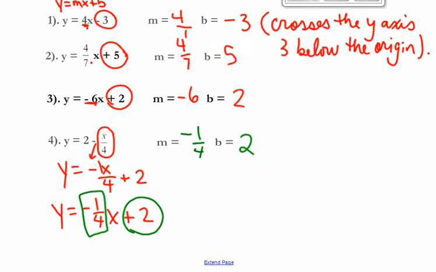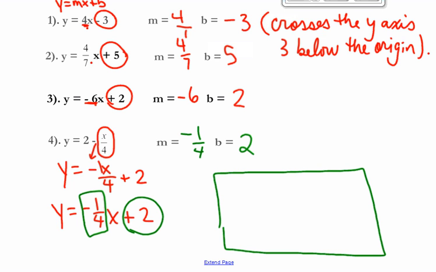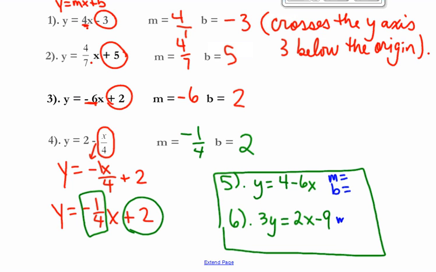Okay, before I move on to the next page, I would like for you somewhere on this current page to draw a box, label 5 and 6, write these equations, and I am going to check tomorrow that you have the correct m and b for those equations.